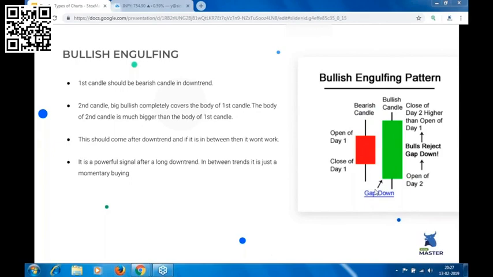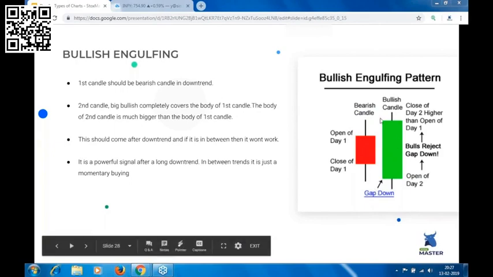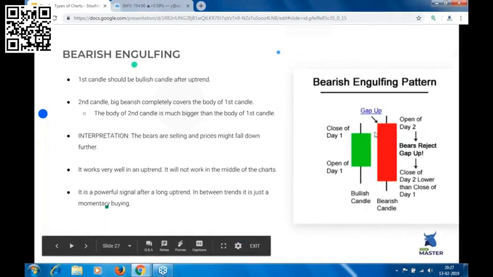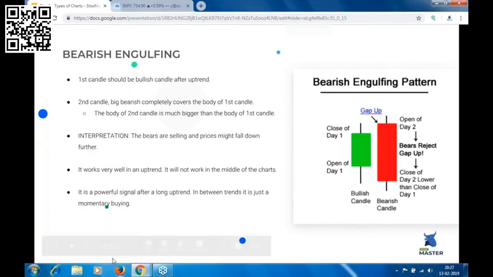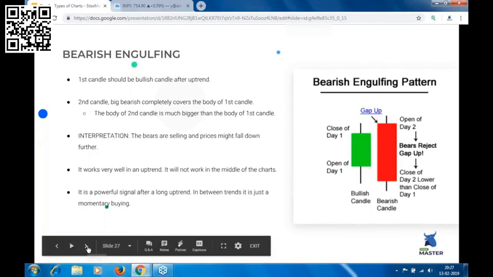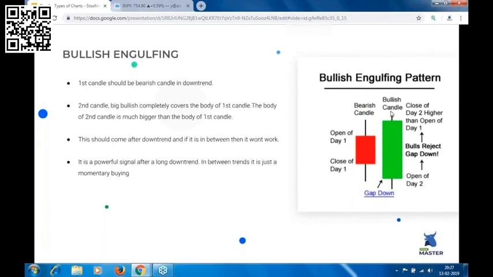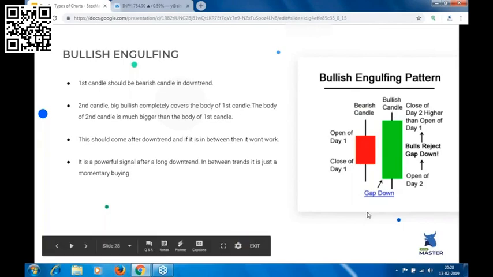The only difference is that in bullish engulfing, the bullish candle will engulf your first candle completely, and in bearish engulfing, your second candle will engulf your first candle completely. Now in bullish engulfing, our entry will be above the high of this candle and we can keep a stop loss below the low of this candle.